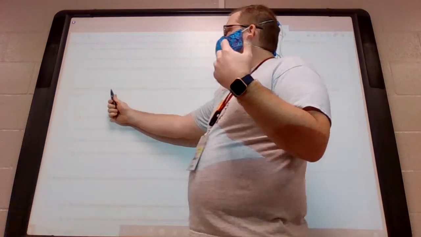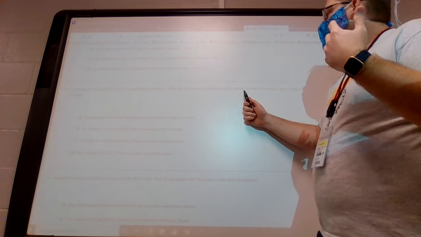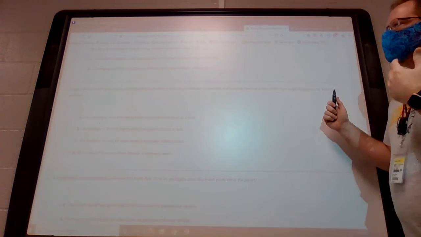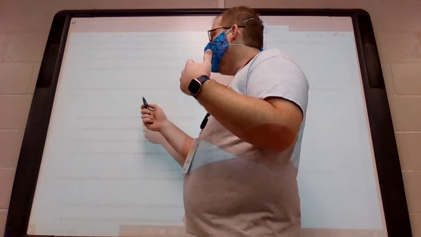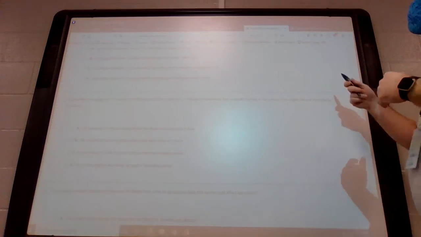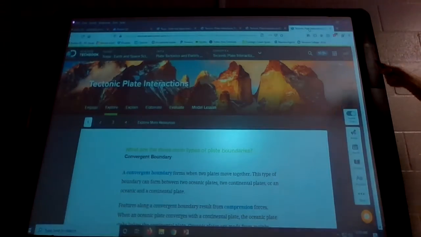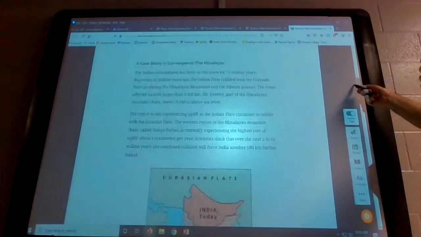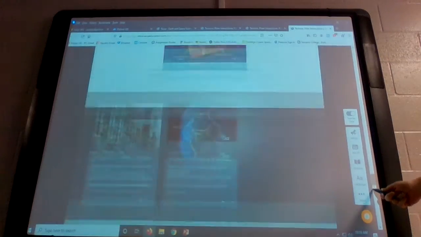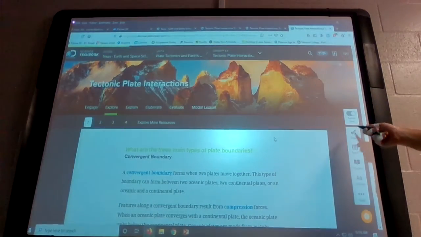A geologist is studying the Franciscan age assemblage of Northern California, a melange of sediments that originally formed in the ocean. How might this unit most likely have formed? Okay, this is something, again, did they go over melanges? Let's see if they got it in here. I think that's going to be in your accretions, which is on the next page.